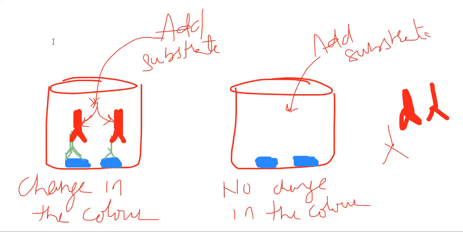So the first one is the positive test and the second one is the negative test. Finally, we have completed indirect ELISA with this. This is all about the positive and negative tests of direct ELISA and indirect ELISA.